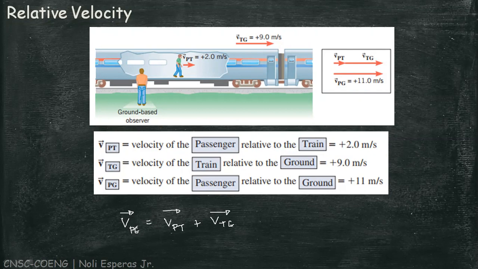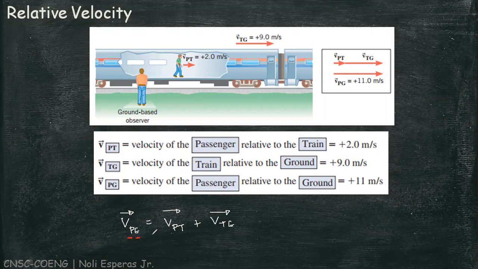The subscript for our vector sum is passenger to the ground. We have P and G. P is the symbol for the passenger, G for the ground, and T is for the train.